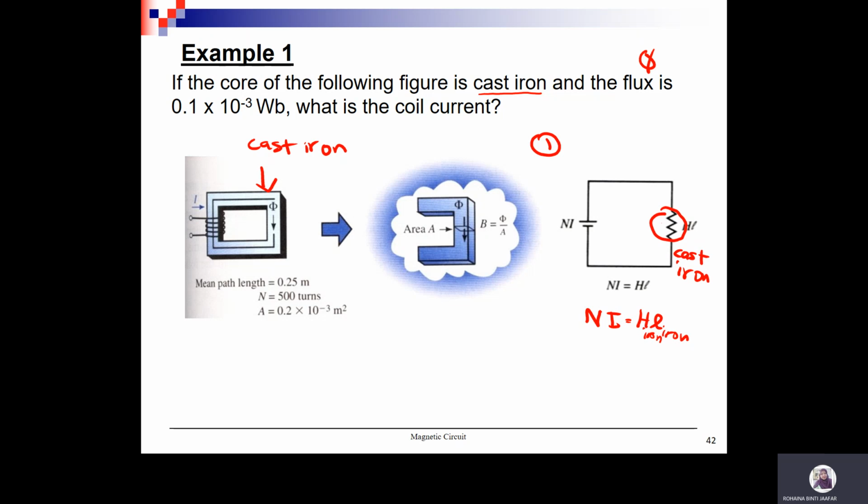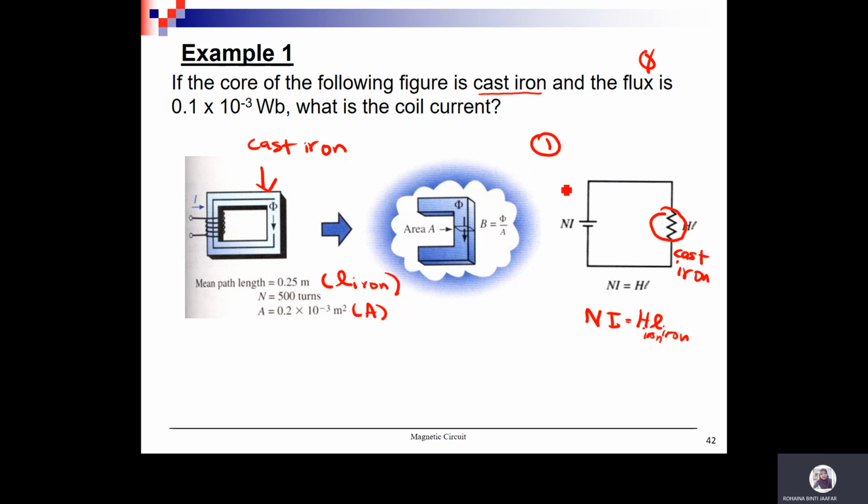And then these are the information given in this question: you have mean path length, which is your L, L for cast iron, and N is the number of turns given, and this question already gives you the value of area. So this is your A.